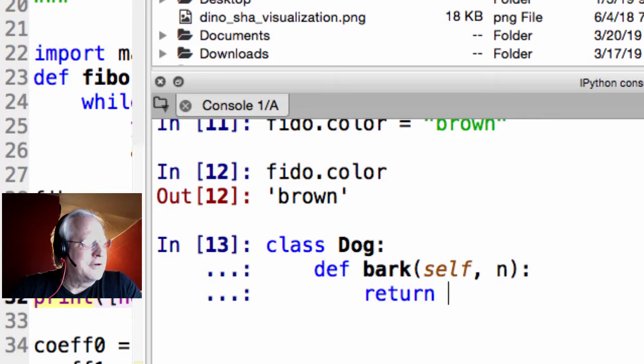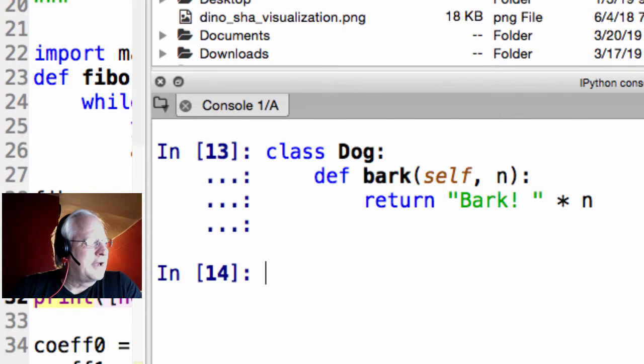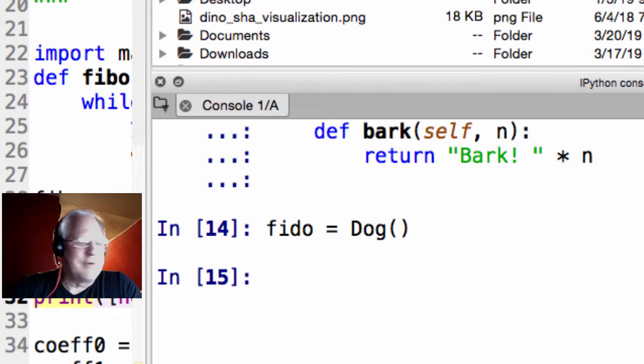But anyway, return the word bark, exclamation point, n times. So there's a dog with a behavior this time. So now if I create Fido anew with this new guy, now notice where the dot comes in. Fido dot. So I'm reaching into.